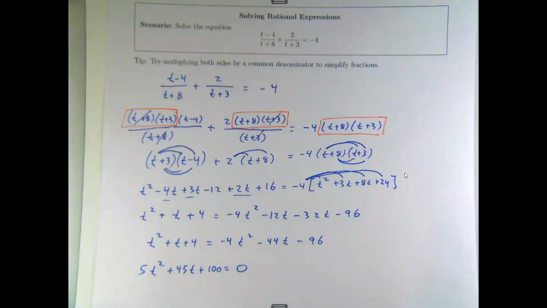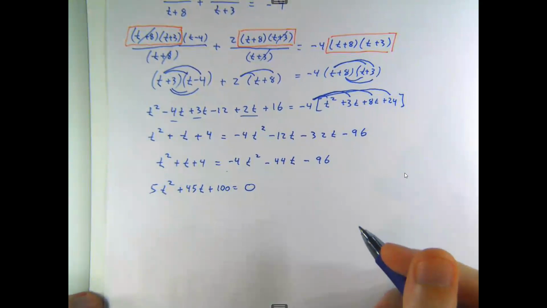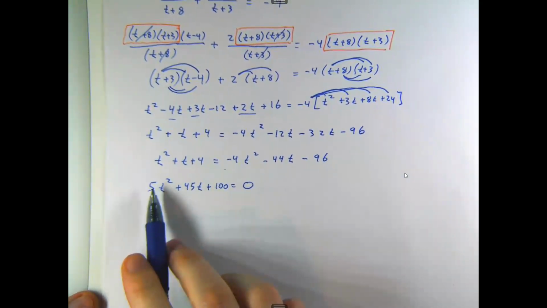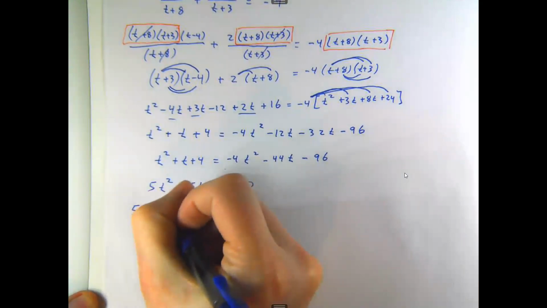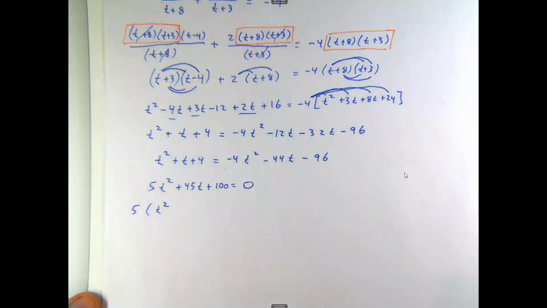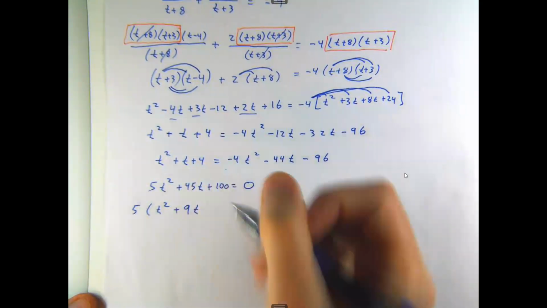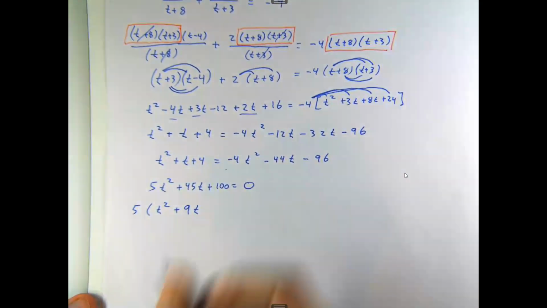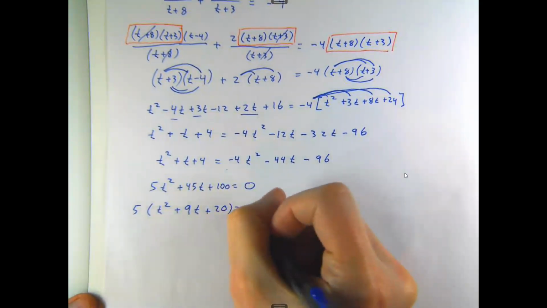Now I have a quadratic equaling 0, so I'm going to solve this thing by factoring. First thing I notice is that 5 goes into everything. 5 times t squared is 5t squared. 5 times 9t is 45t. And 5 times 20 is 100.